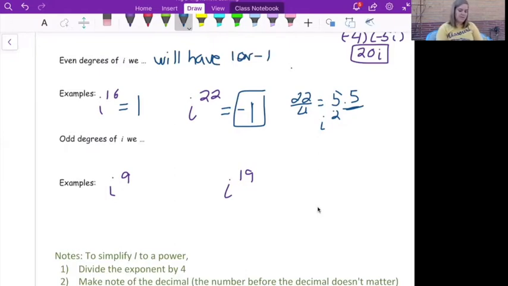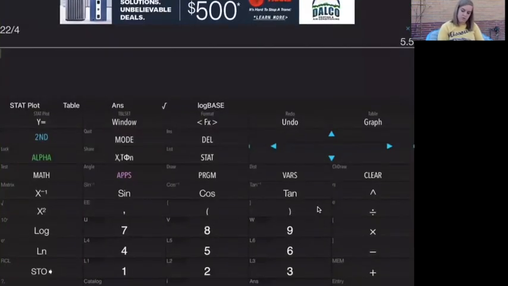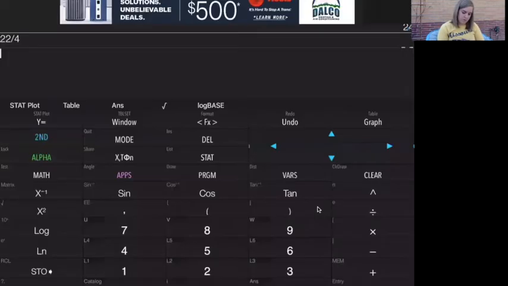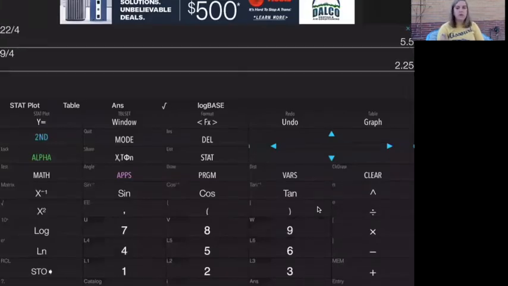If our degree is odd, we will have i or negative i. So again, if we take 9 divided by 4, we get 2.25.